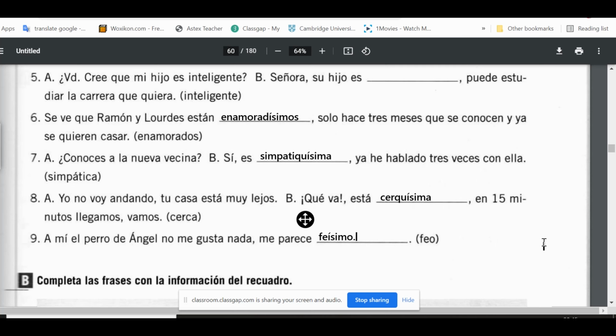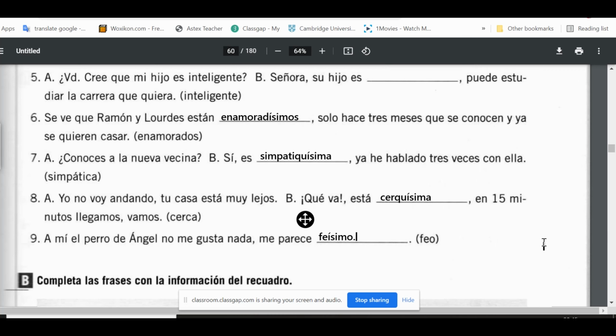Clever is listo. Okay, we started that actually here. Listo. The listísimo. Okay, how do you say fat? Fat is like fat. No? Yeah, we say fat. Gordo.